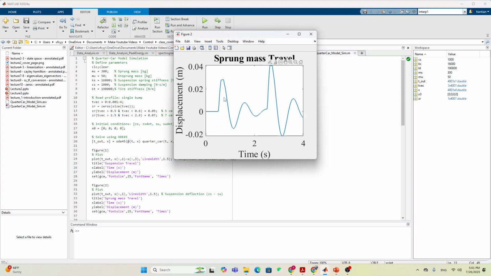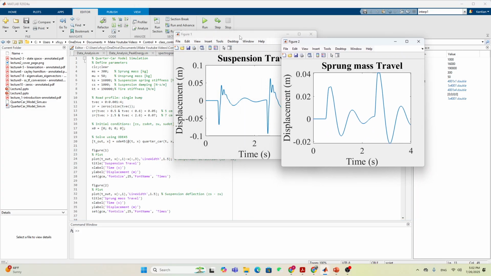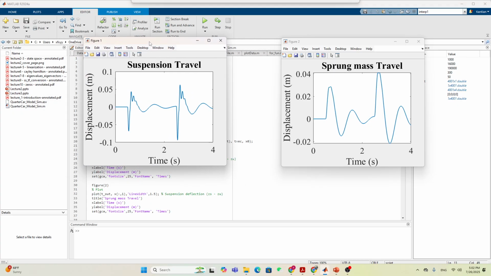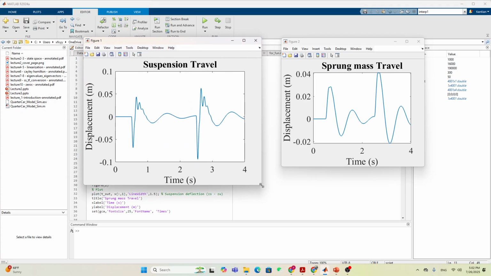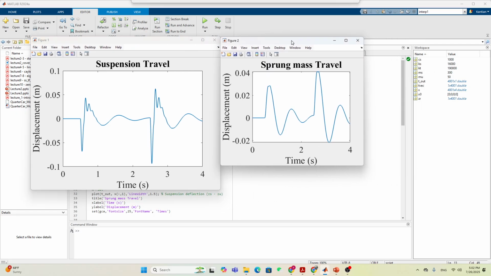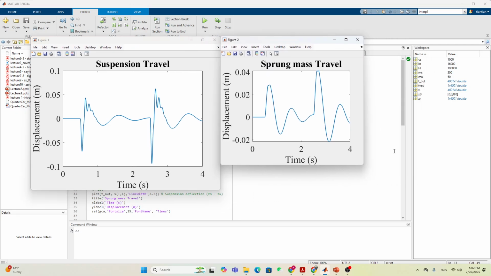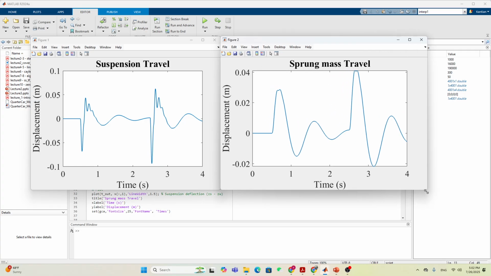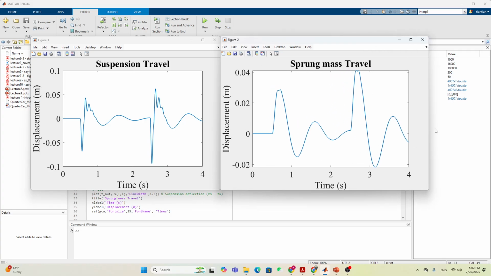So if you run it, I have plotted two different time responses. One is suspension travel, another one is sprung mass travel. As we know, we only introduced two different road bumps, right? The sprung mass travel can be a metric used to evaluate passenger comfort.